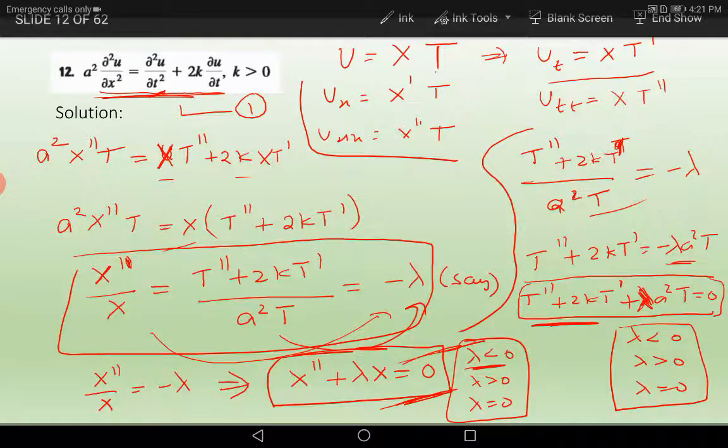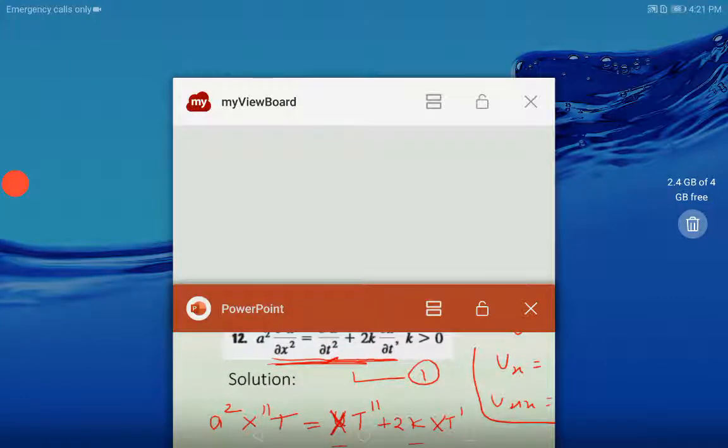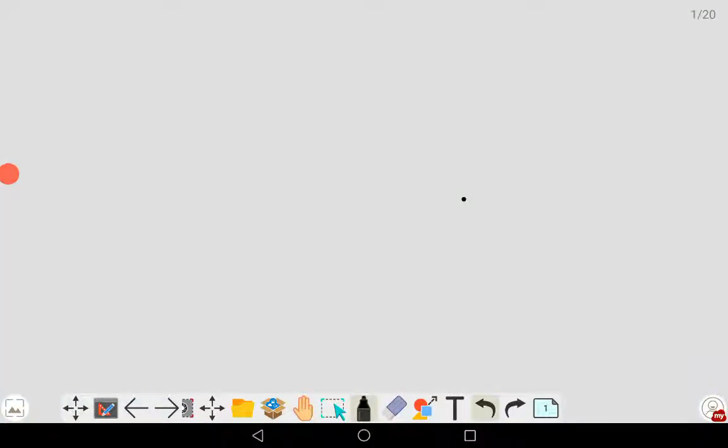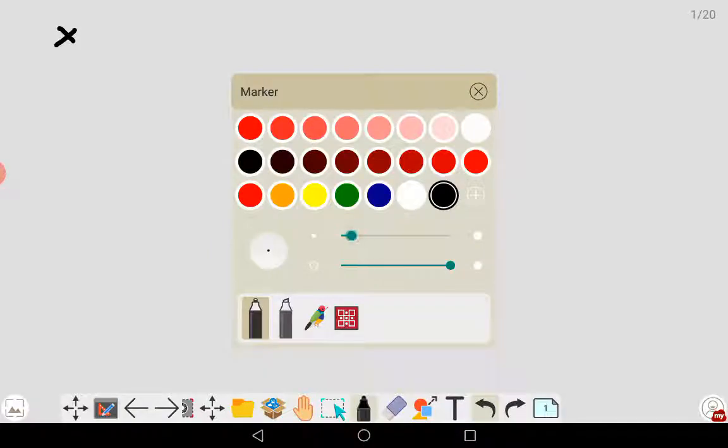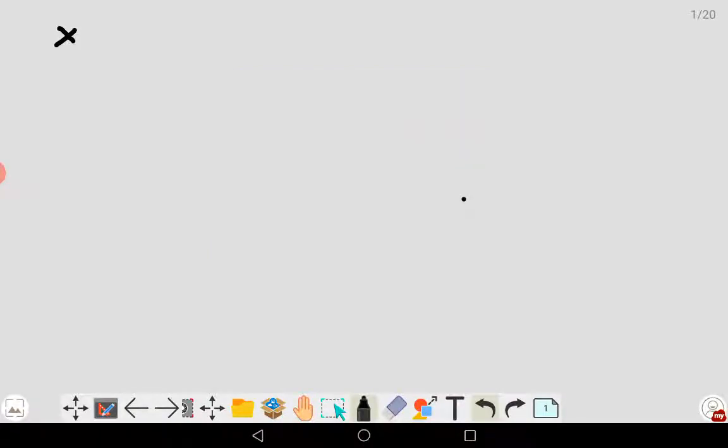Okay, and now I open this white page so that we can solve this problem on this one. Now I write the differential equations. The first one is X double prime plus lambda X is equal to 0.